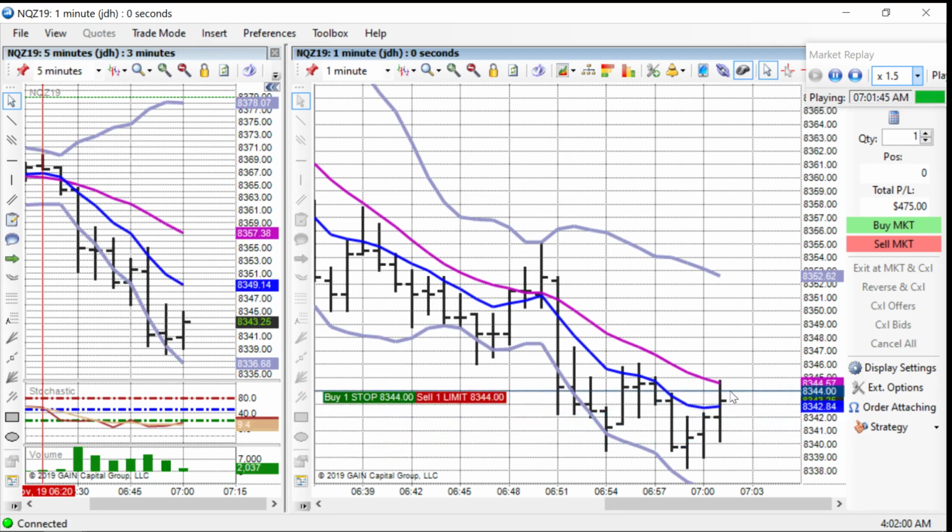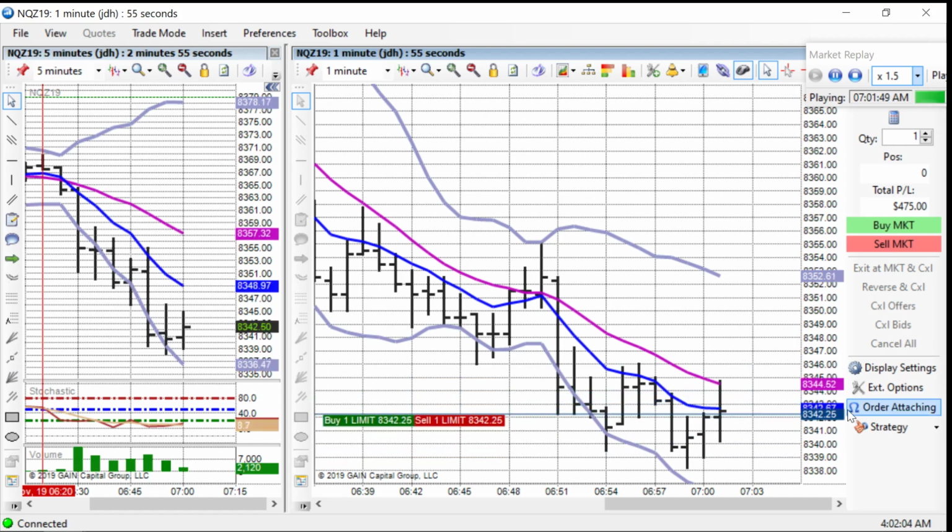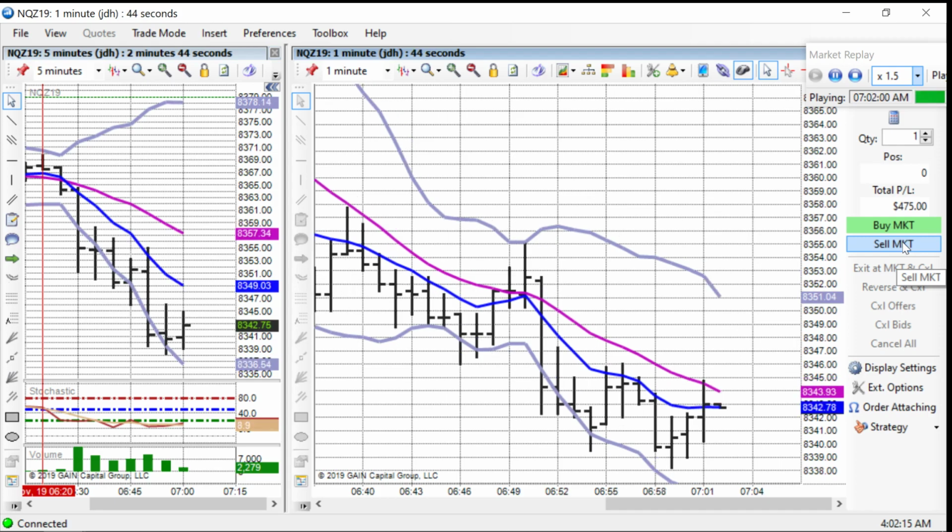So always wait for this to play itself out, this reaction swing. You always want to enter on momentum as it's going in your direction. So I'm ready to sell, but I need to see it fall back.